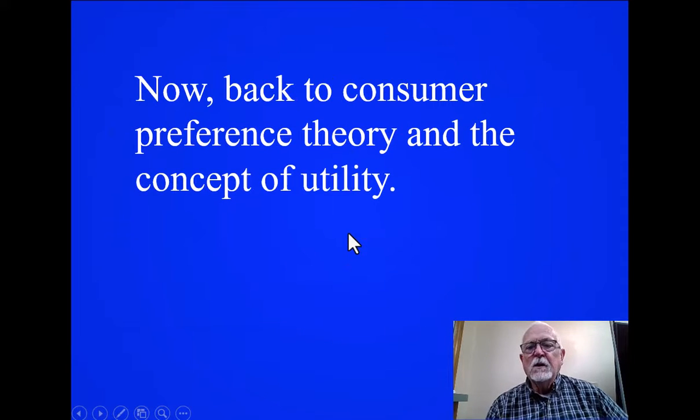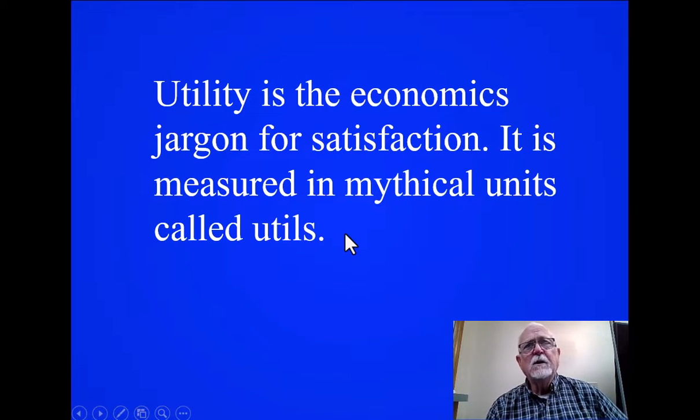Now let's go back to consumer preference theory, utility. Utility, the way we use it in economics, is just jargon for satisfaction. And we measure it in mythical units called utils. Now those mythical units, we're getting close to actually being able to measure those in the real world with the way we can measure brain waves and those kind of things now.